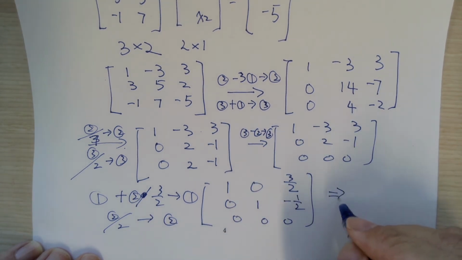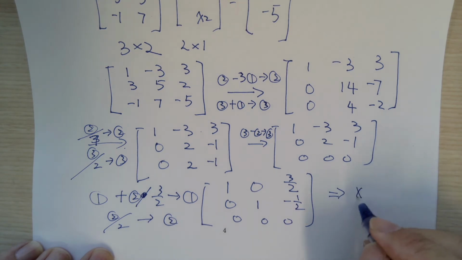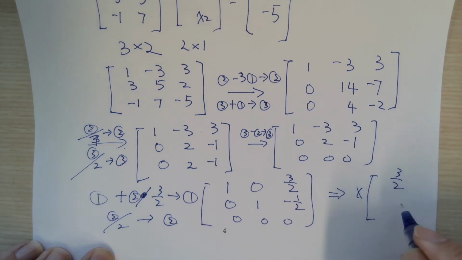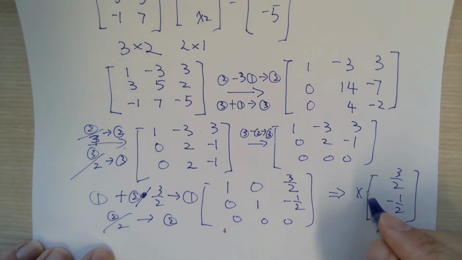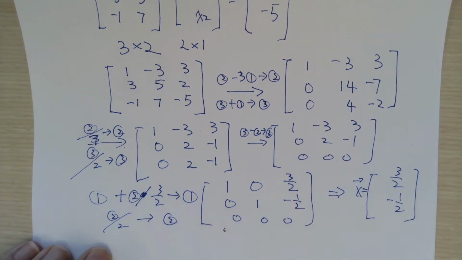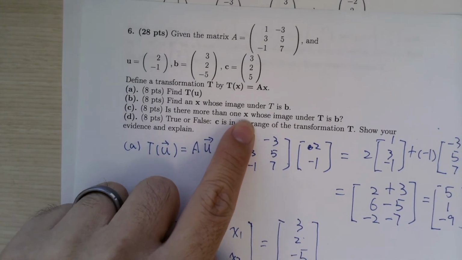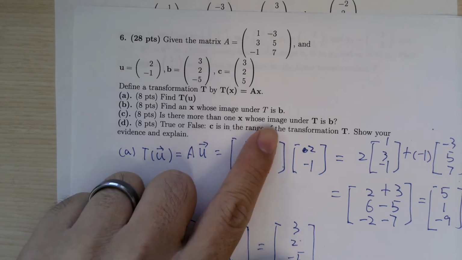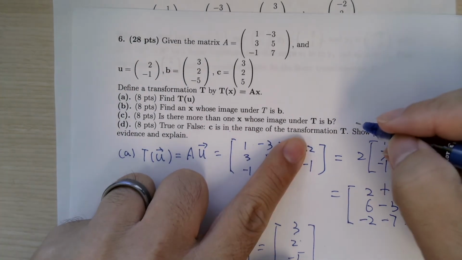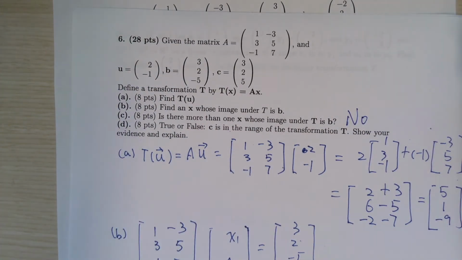Hence, what do we got? We got x is what? Okay. So that's the x we are looking for. Okay. Is there more than one x whose image under this T is B? The answer is no, right?